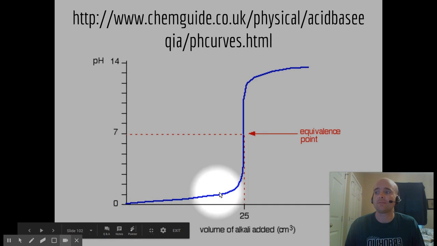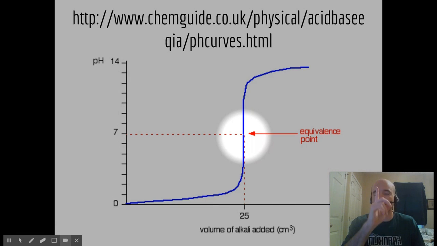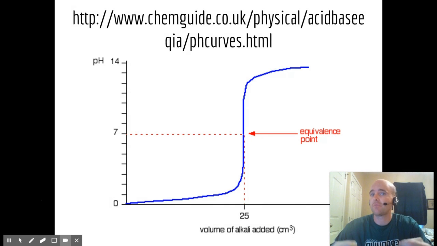Then we'll get to a point where it will dramatically increase and jump very high, and then the rate will decrease, but it will still increase steadily and reach a plateau or an asymptote. This would be the point where the slope would be undefined because the slope would be vertical. Again, we'll be covering this in much more detail later. I want y'all to just get a rudimentary understanding of what a titration is.